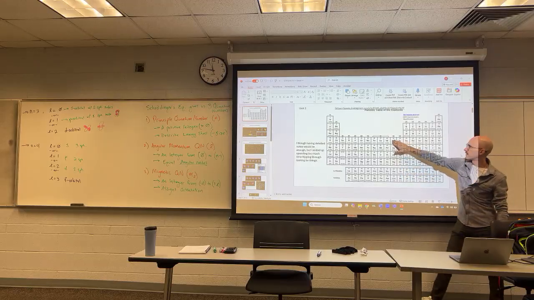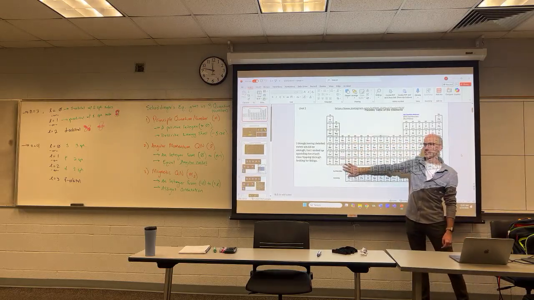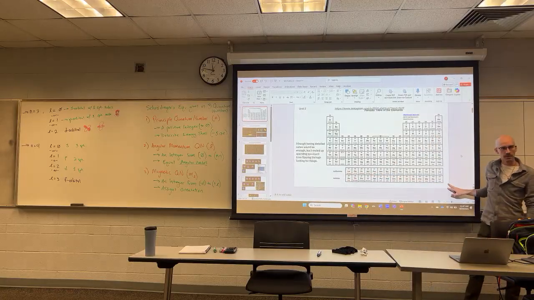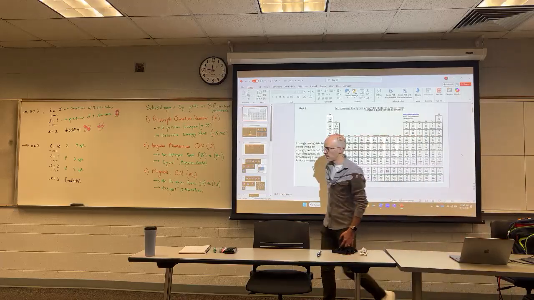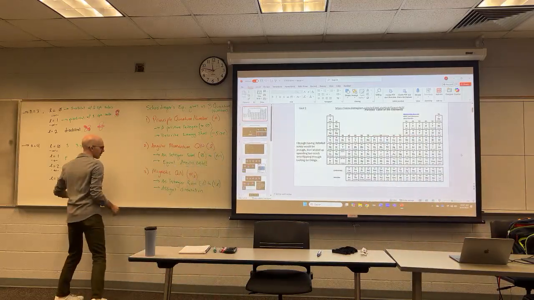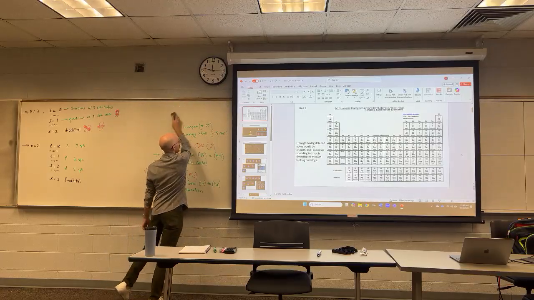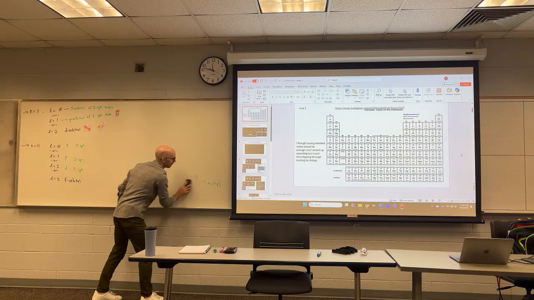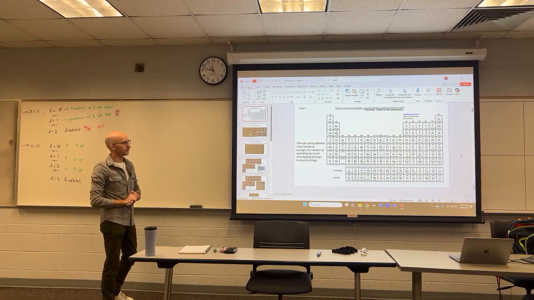What do we call this? The D block, where the highest energy electrons are in D orbitals. And what do we call this? The F block, where the highest energy electrons are in F orbitals. There is some very fun stuff that happens when you start trying to fill electrons between D and F. And luckily, it's not a big part of this class, so cheers to you.